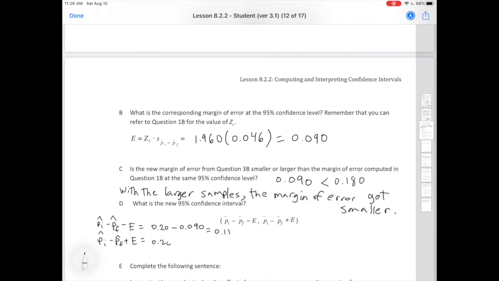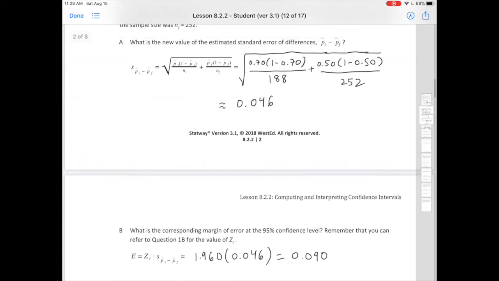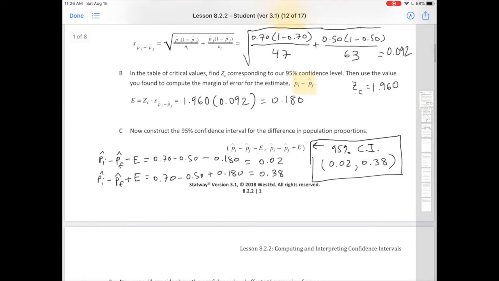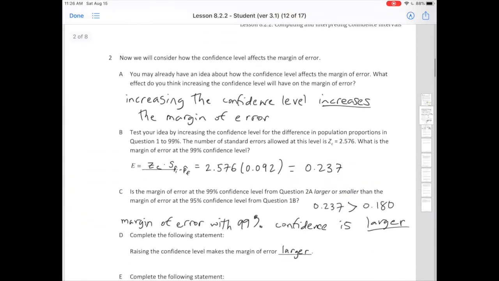And if you do 0.20 plus 0.090, we get 0.29. And so the 95% confidence interval is 0.11 to 0.29. So please compare these. We're going from 0.11 to 0.29 now. And what we had before with the smaller sample size is from 0.02 to 0.38.